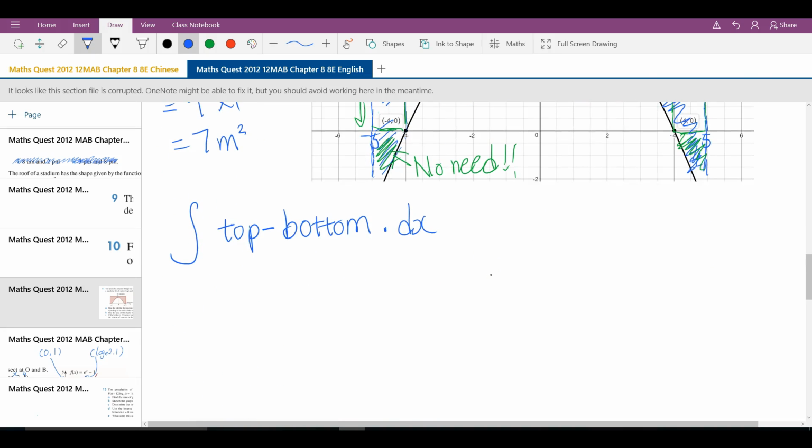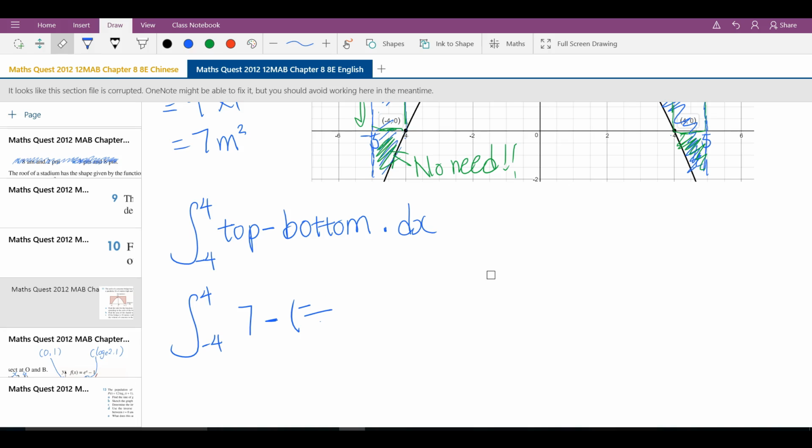So let's put down our domain from -4 to 4. Then let's integrate it. Remember, it's top minus bottom. The top function is y equal to 7, so we just put 7 down. And the bottom function, as I remember, should be negative 3 over 8 x squared plus 6, right?